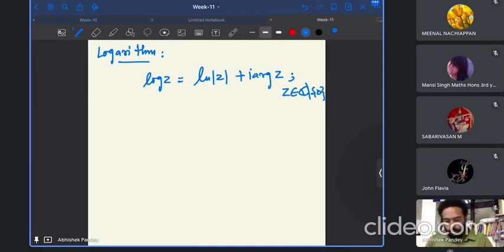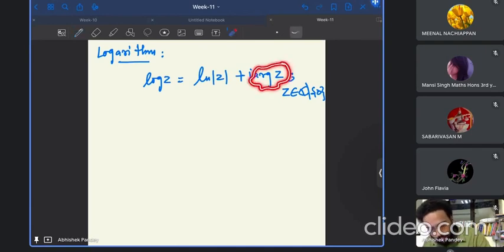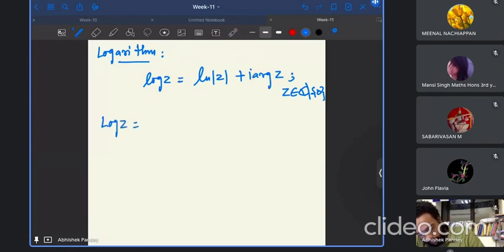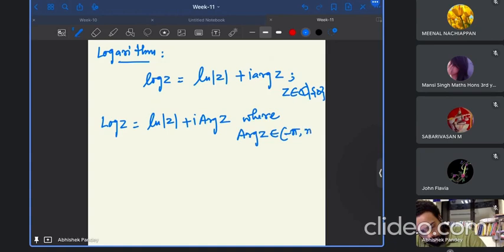If you define the branch of argument of z, you will define the branch of log z. Let us define the principal branch of log z as ln of mod z plus i argument of z, where argument of z belongs to minus pi to pi.